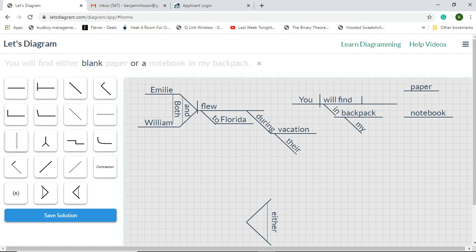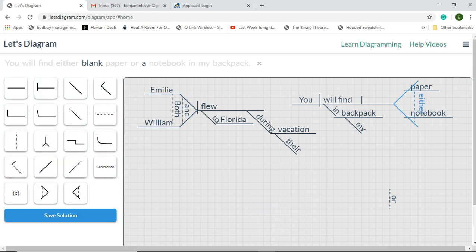I'm going to take a dotted line. Okay. There, that looks good enough.